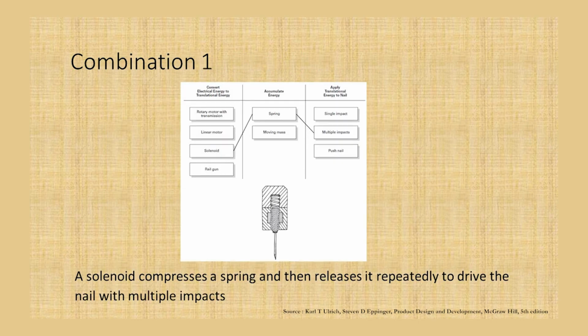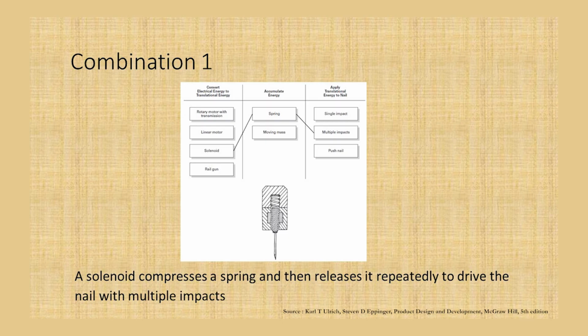So, combination 1 could be that a solenoid compresses a spring and then releases it repeatedly to drive the nail with multiple impacts. Solenoid, spring, multiple impacts. After doing that, you can come up with the statement of your concept, and that leads to a concept like this.